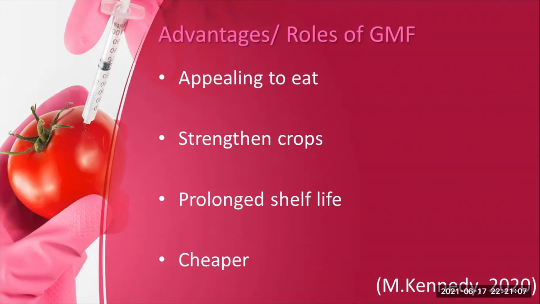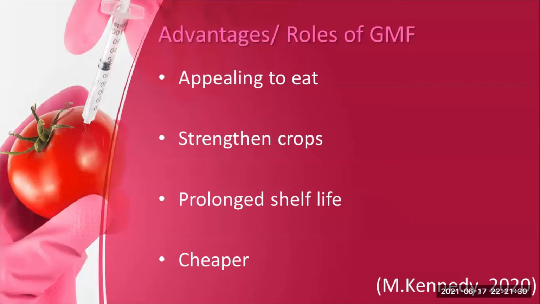As I previously mentioned with the tomato plant, it helps it to be more resistant to various environmental conditions. You can also genetically modify plants to make them resistant to not only cold, but also hot climates or drought. That is one reason. Prolonged shelf life is another advantage.